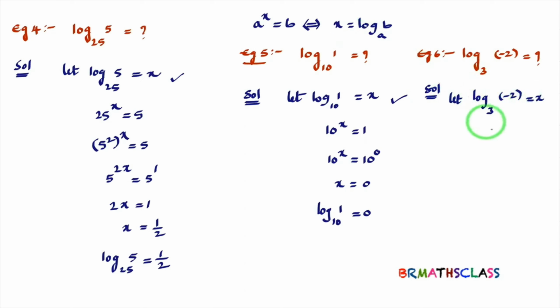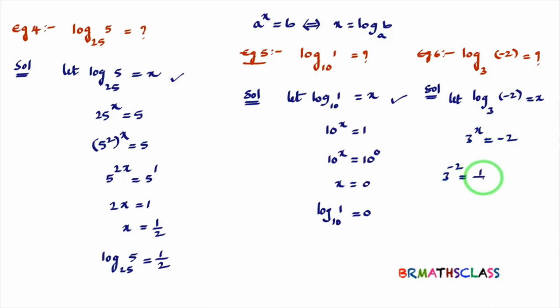As per the definition, this can be written as 3 power x equal to minus 2. Now you identify 3 power what number will give you minus 2. You see, 3 power any number is always positive. Suppose I write 3 power minus 2 in place of x, what is this?